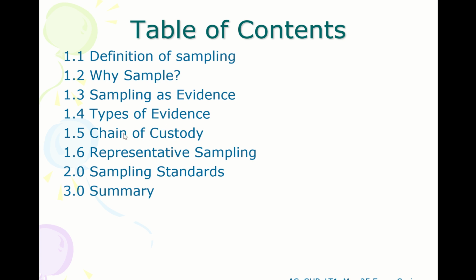This is a form showing you at which point of time who is handling your evidence, because you need to have restricted access to the people that are handling your evidence. Okay, so it will tell you who is handling your evidence. And then we take a look at what representative sampling is, and some sampling standards.